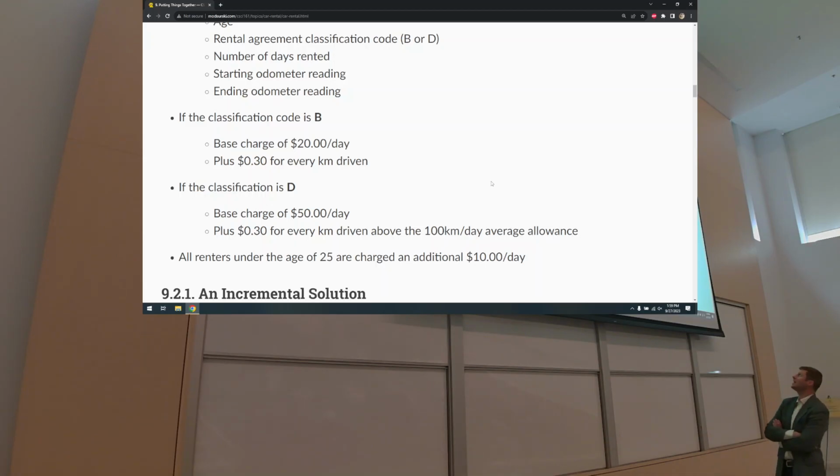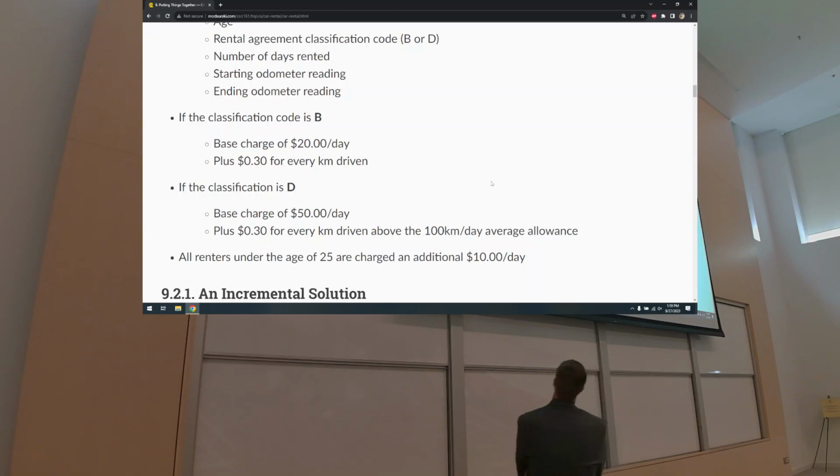So I think classification code B is perhaps the easier of the two to understand what's going on. It's just how many days did they have it? It should be $20 times the number of days, plus 30 cents for every kilometer driven. And we can calculate that from the difference in the odometer readings. Classification code D is a little bit hairy.